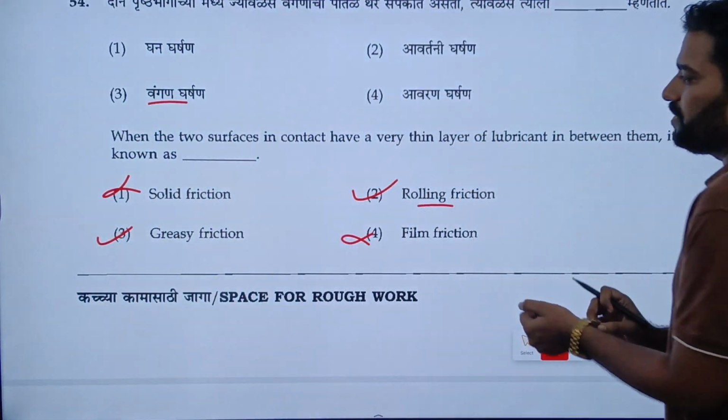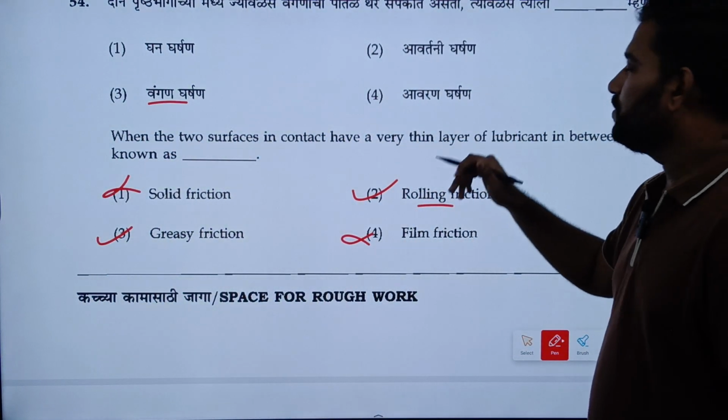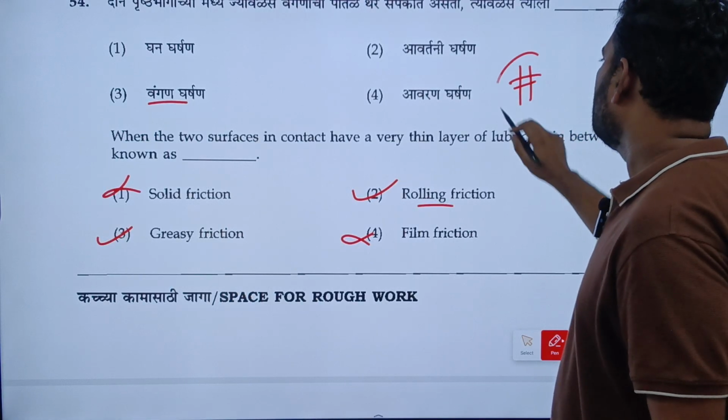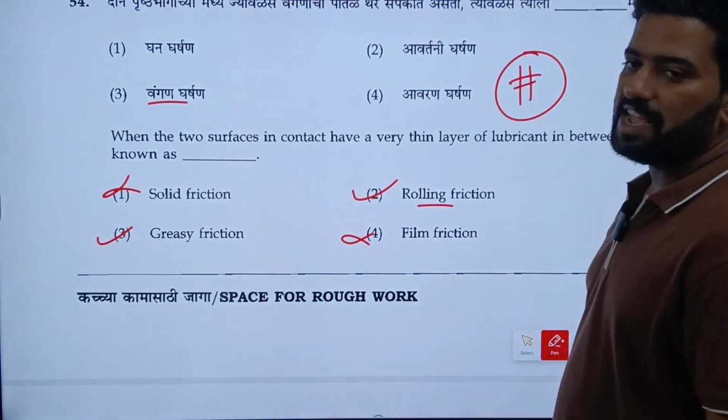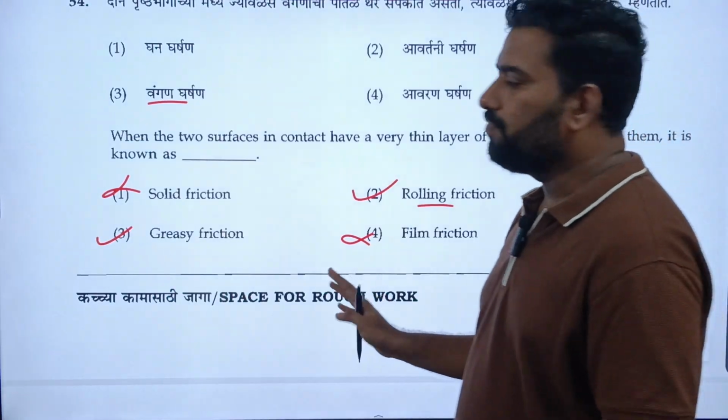But you check in the official answer key, this question was cancelled and they gave the answer hash because of the confusion.